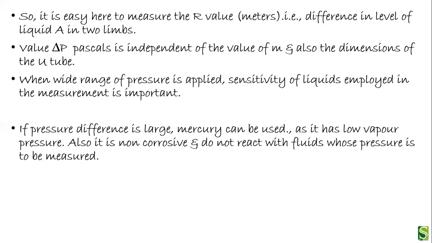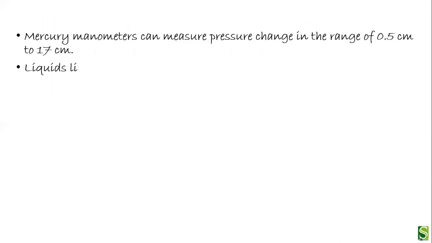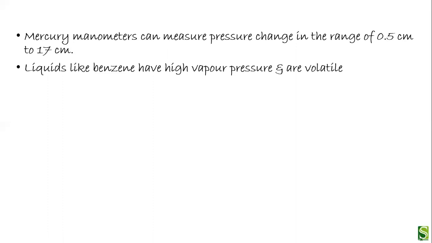Also, it is non-corrosive and does not react with the fluids whose pressure is to be measured. As it has low viscosity, it adjusts very fast. So mercury manometers can measure pressure change in the range of 0.5 centimeters to 17 centimeters.